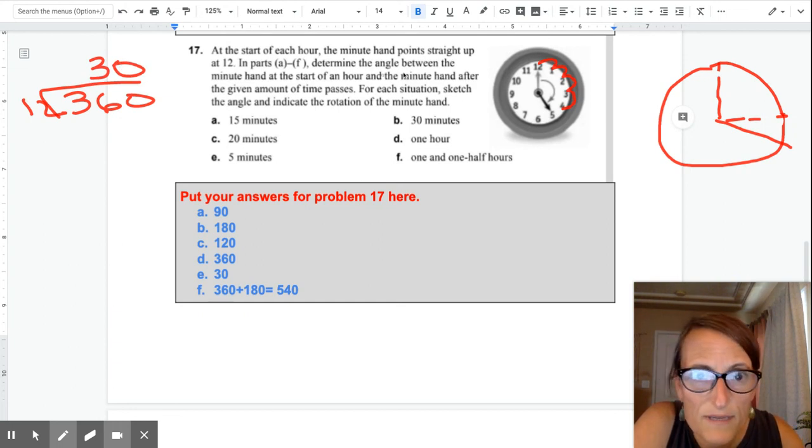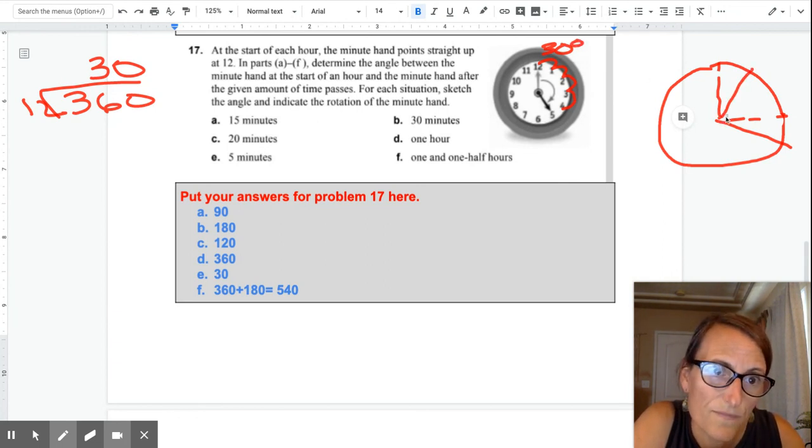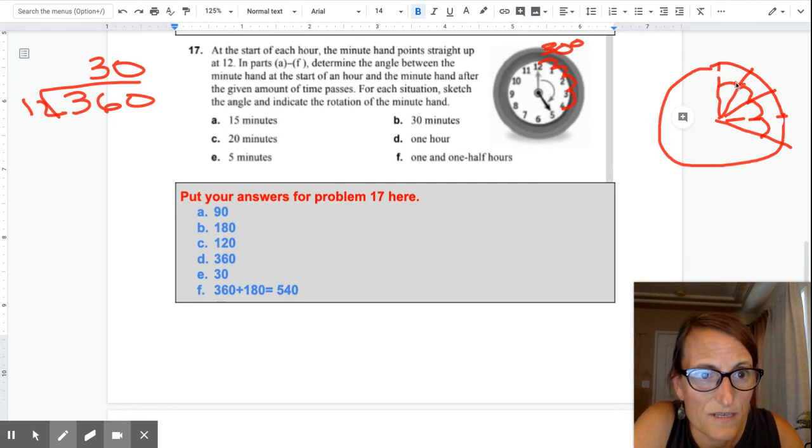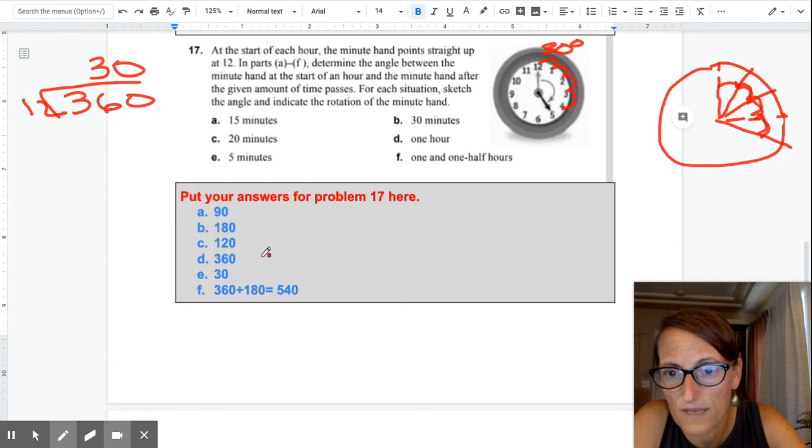So what that means is between each number is 30 degrees. So if you're going from here, you're going 1, 2, 3, 4 times. So that's 30, 60, 90, 120. So that's where we get that 120 there.